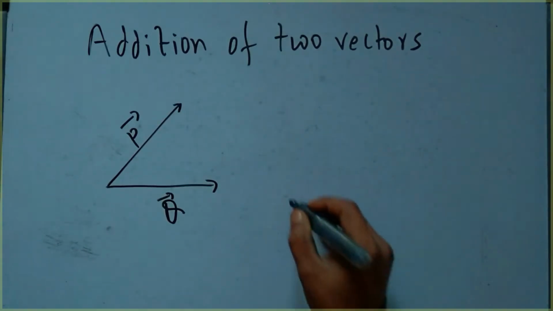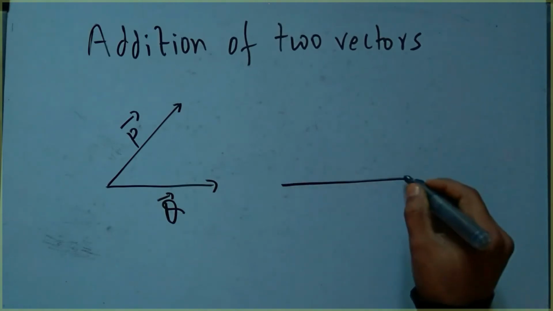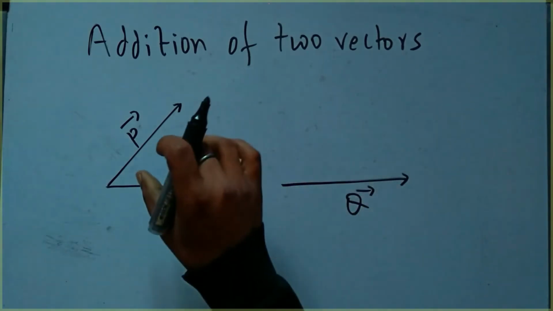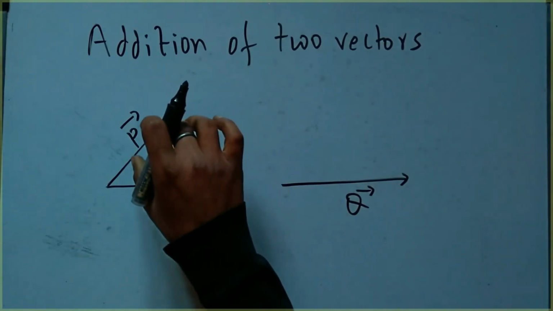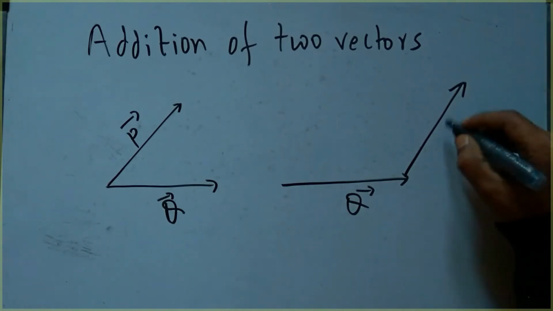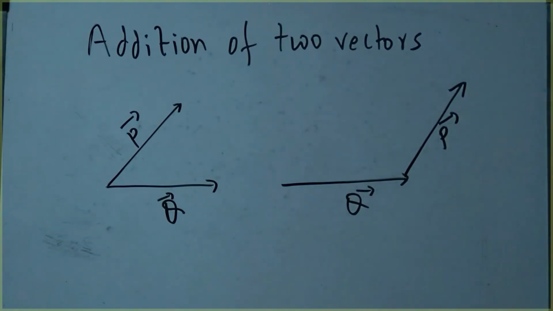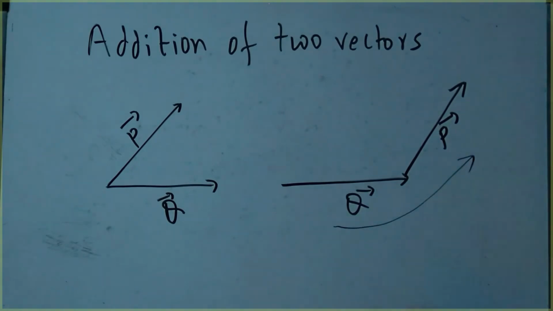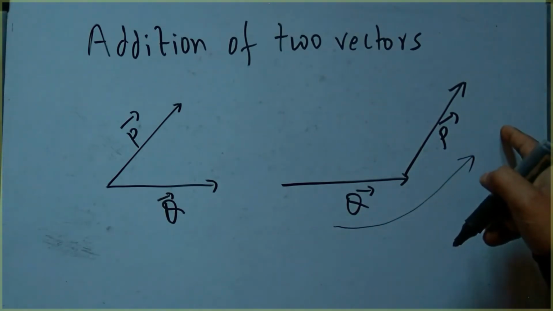What we will do now here, we'll take this vector q and using free vector concept, we'll plot this vector p here. We see these two vectors are in the same order, being anti-clockwise.